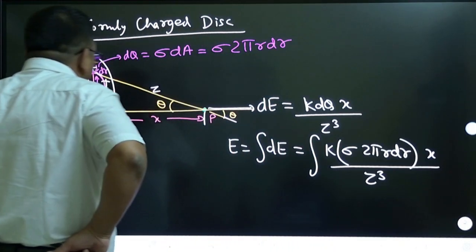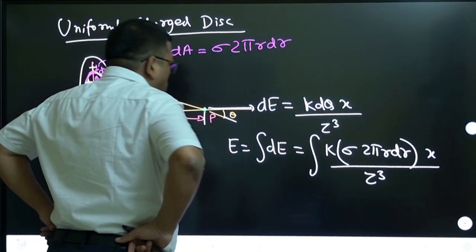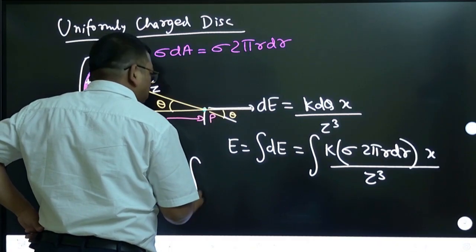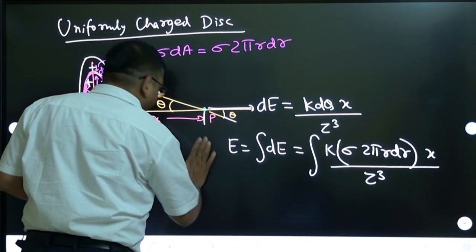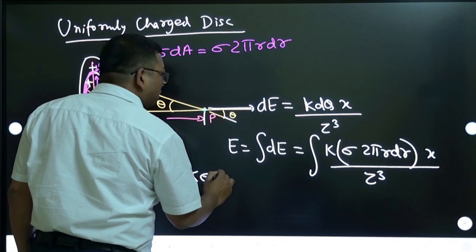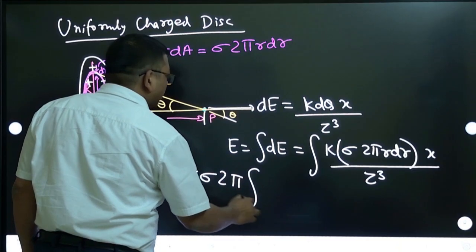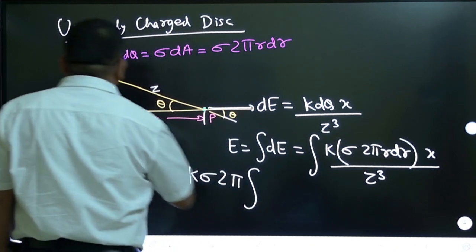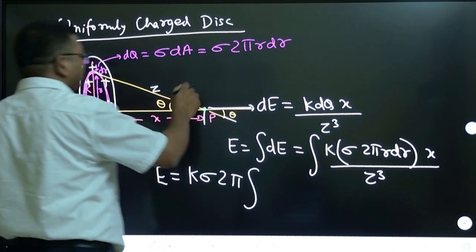Okay, then what else? So this field is going to be the integration where constant terms you can take out: k sigma 2 pi. What is r by z? Small r by z is sine theta, correct?